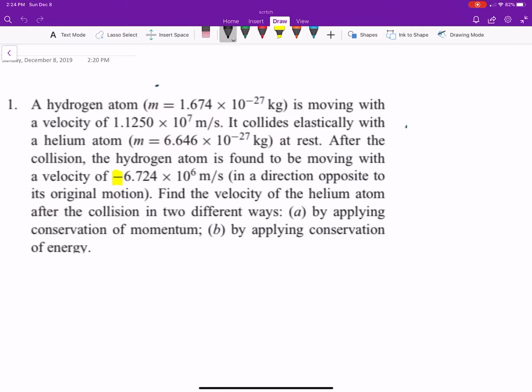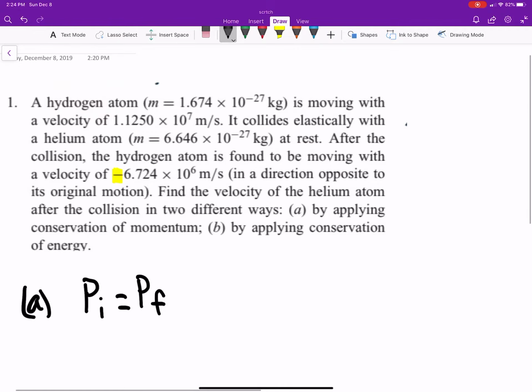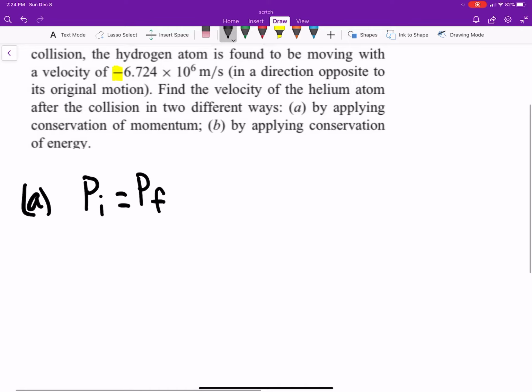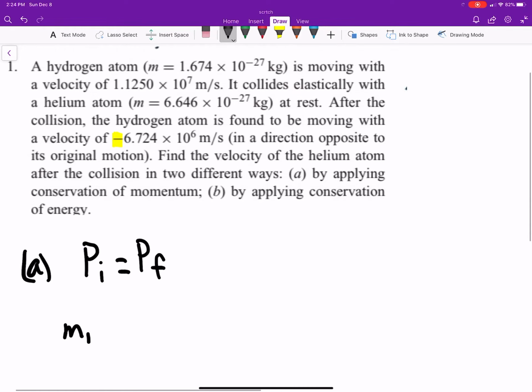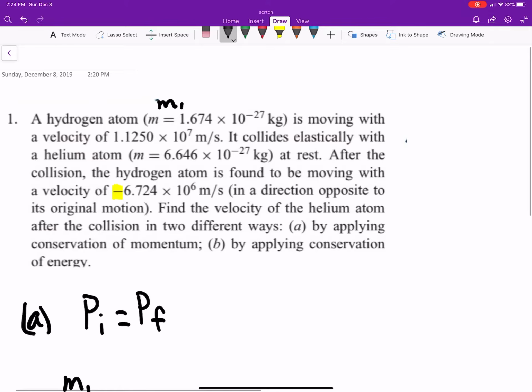So let's talk first about part A. Conservation of momentum, that is your momentum that you initially have in a system is equal to the momentum that you end up with in your system. Well, what momentum do we have initially? We have the mass of the first object, which was the hydrogen atom. We'll call this mass 1, and we'll call this mass 2.